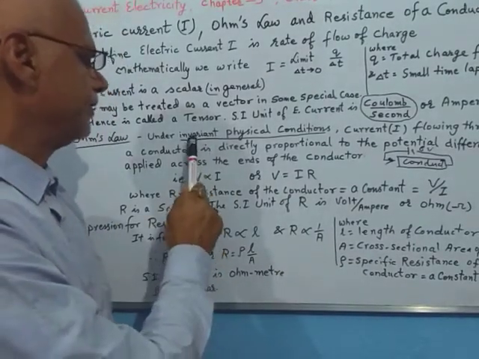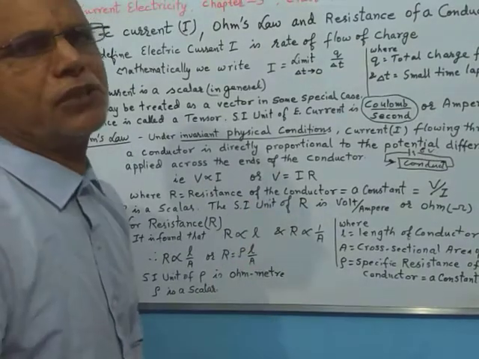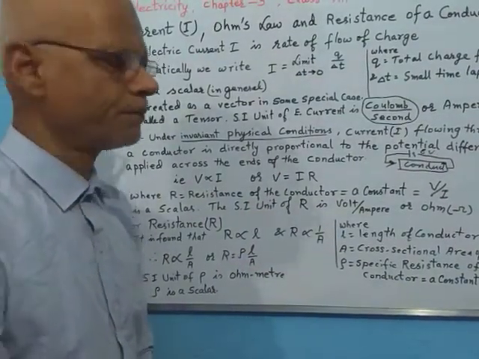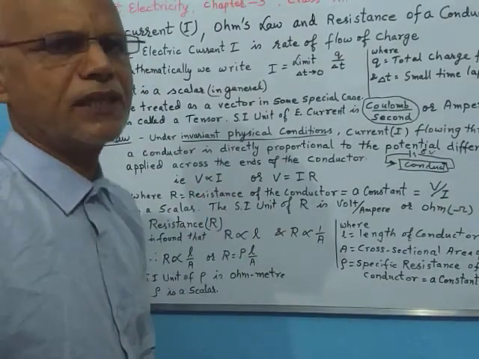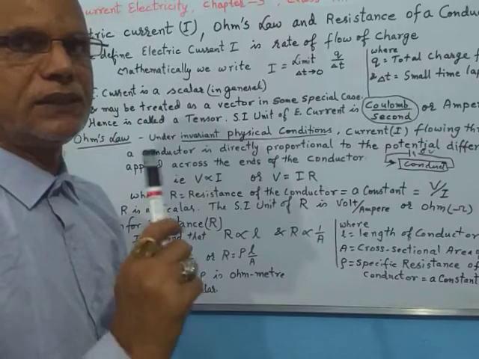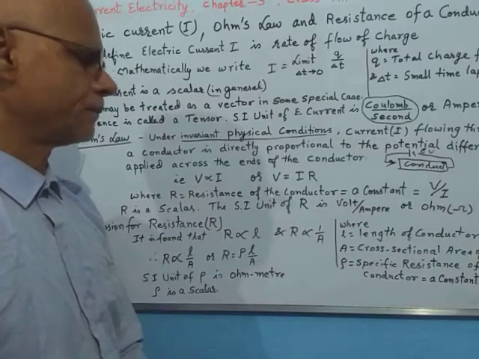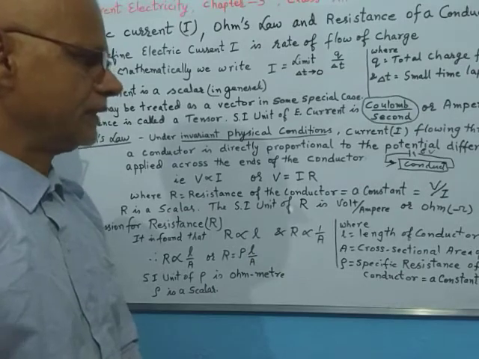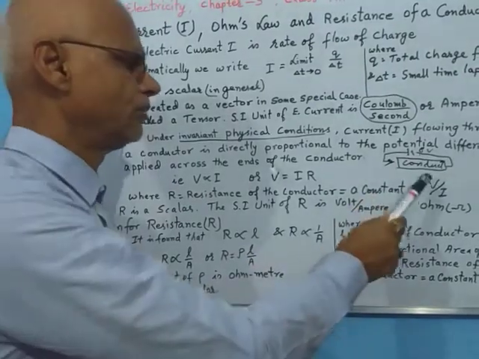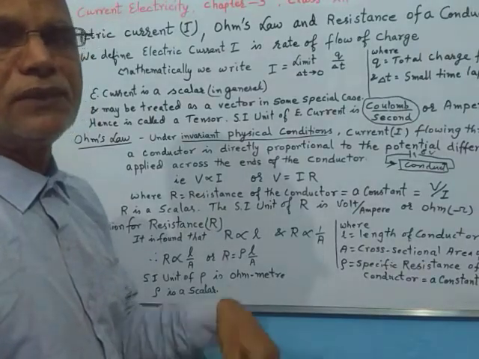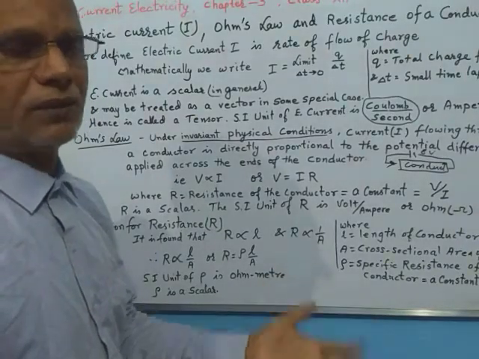you keep the physical conditions unchanged. Means the temperature of the conductor is unchanged, the other factors which may affect the conductivity of the conductor are not changing. Only then the resistance of the conductor will remain unchanged, and in that case, the moment we change the value of potential difference, we double it, then current will also double up.